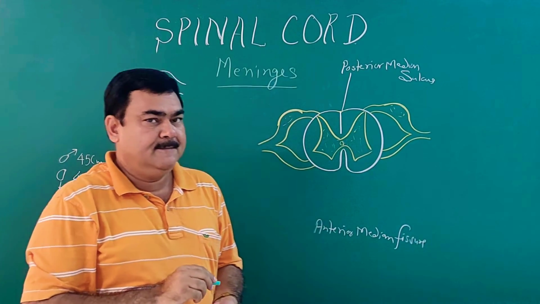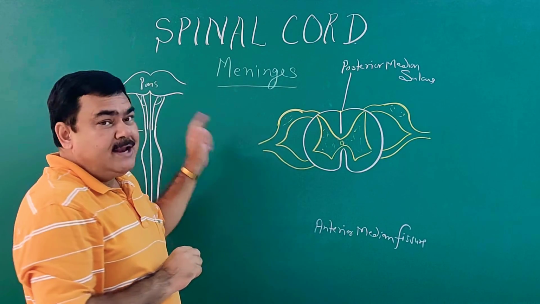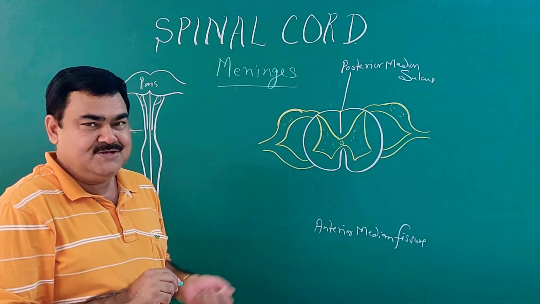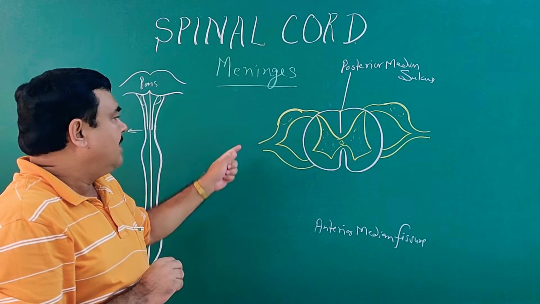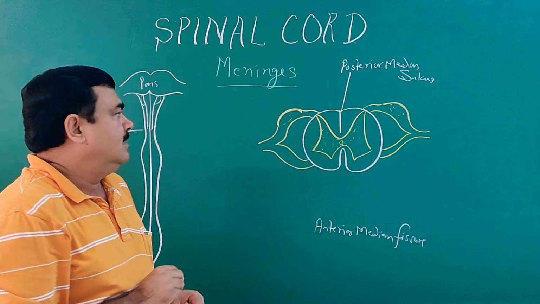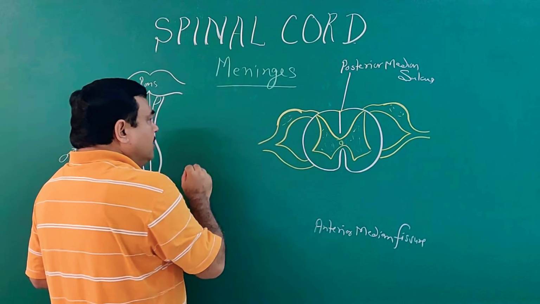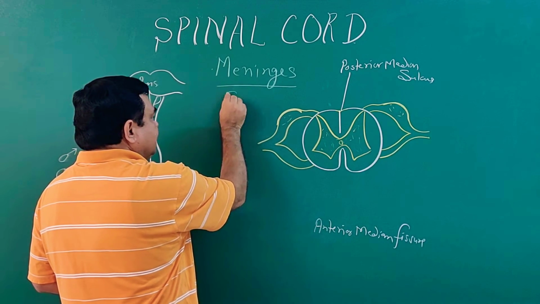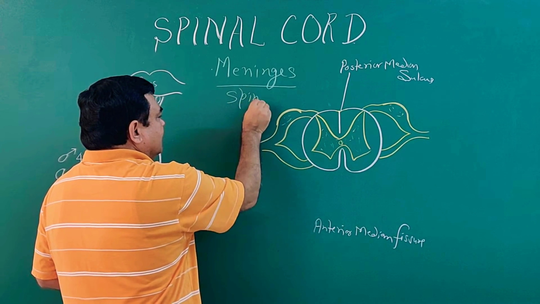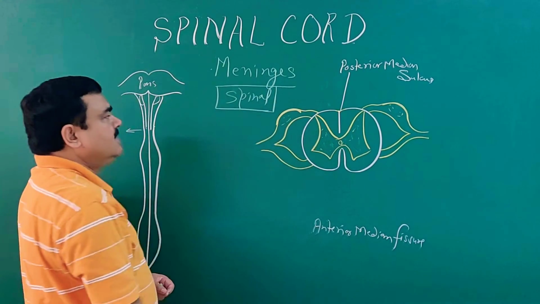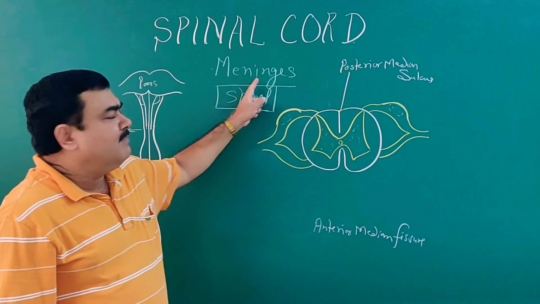These are the coverings. In the cranial cavity, there are cranial meninges, and here in the vertebral canal, these meninges are the spinal meninges. So we will discuss the spinal meninges.